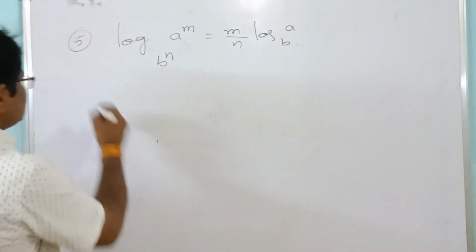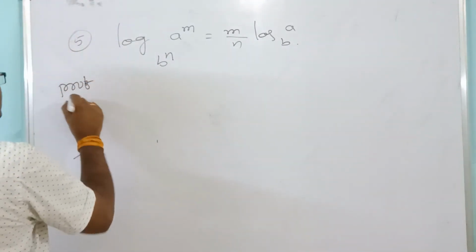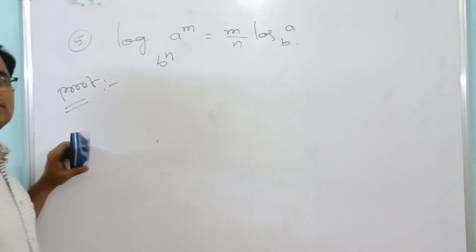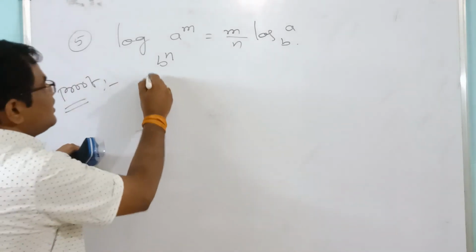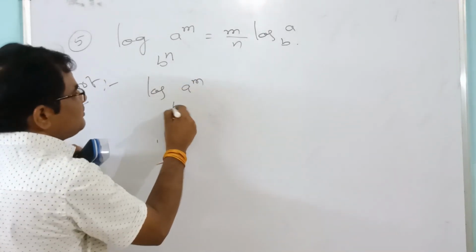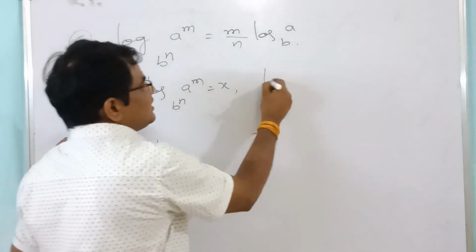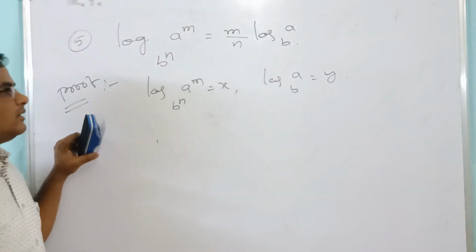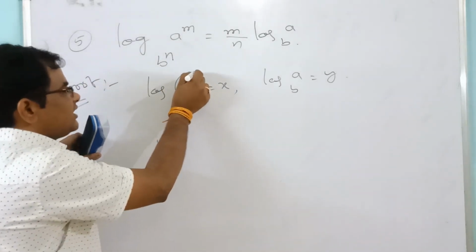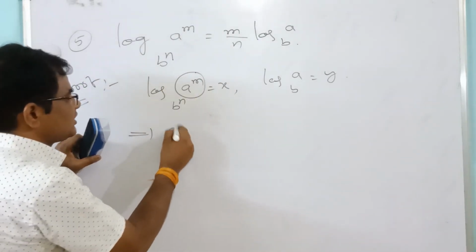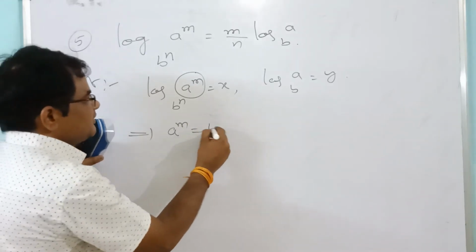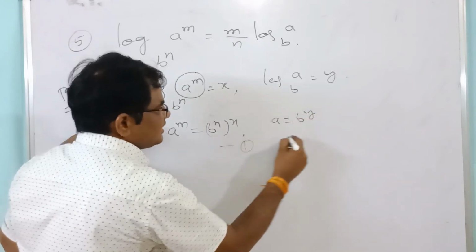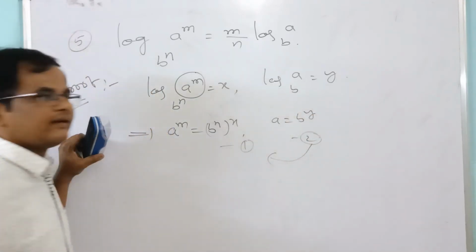Now if you take one proof for this one, here also what we have to do? Log of a power m to the base b power n equal to x and log a to the base b equal to y. Now this is in the logarithmic form. How to convert into exponential form? A power m equal to b power n whole power x, and this is a equal to b power y. Take this is 1, this is 2. Substitute 2 in 1. Simple thing.